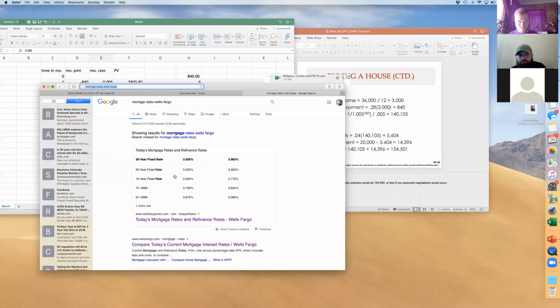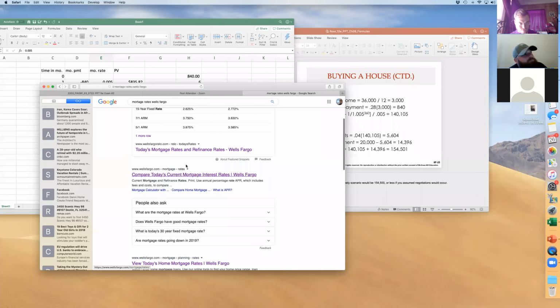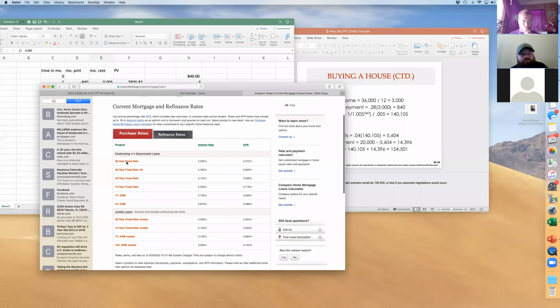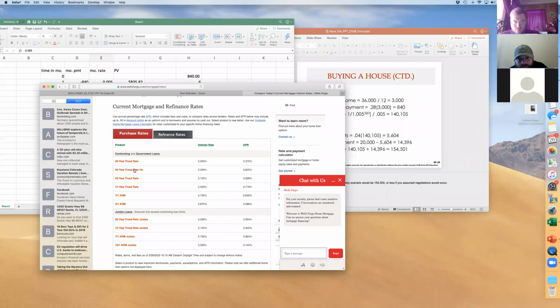If I look at Wells Fargo, those were averages over the whole country, I think. Wells Fargo has lots of different rates, but here we've got a 30-year fixed. That's a conventional 3.25%. This is a 30-year fixed rate for veterans. The Veterans Administration is also at 3.25%. Usually those mortgages for veterans might be real close to the same rate, but they have lower down payment requirements.